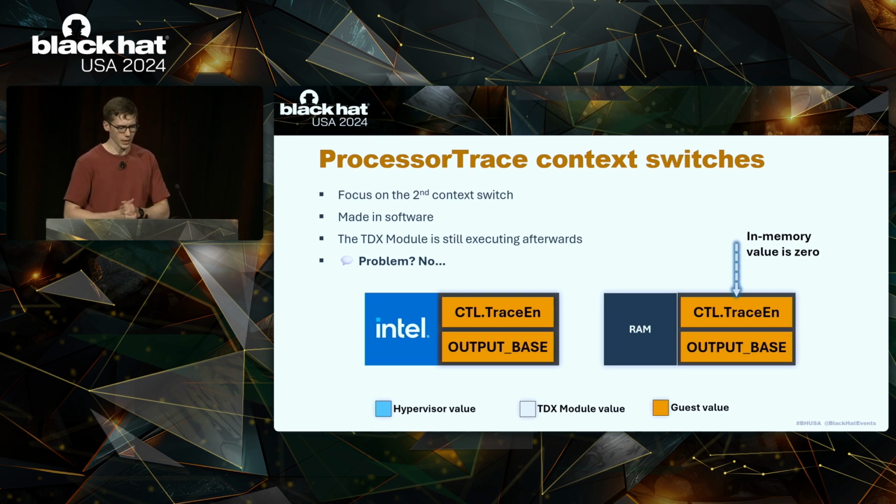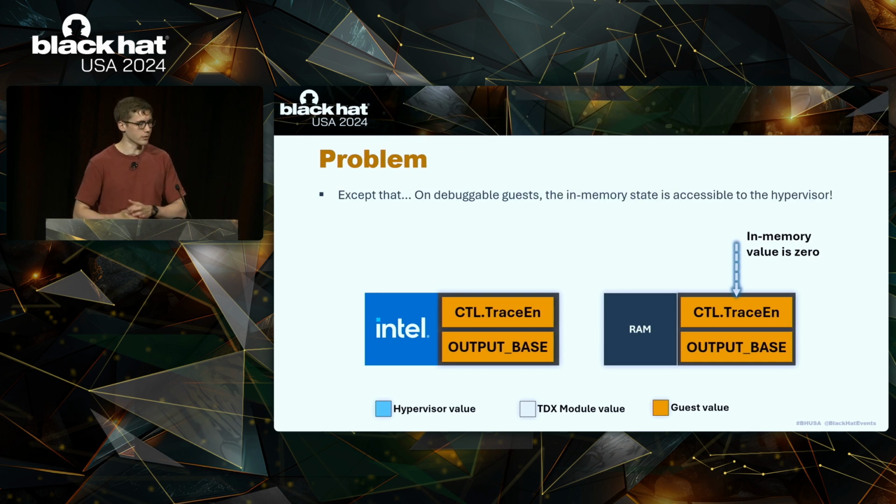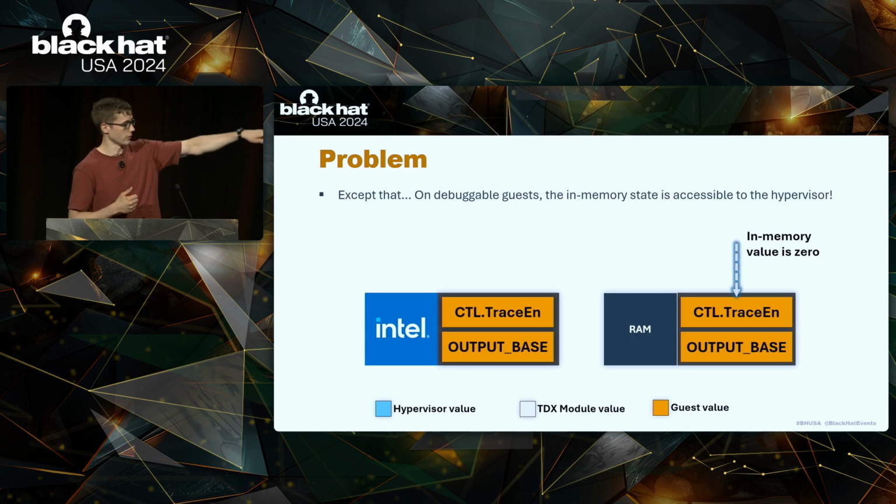So that's an assumption that is correct to make and that we verified and that holds overall, except in one specific case, which is on debuggable guests. So debuggable guests are a specific type of guest, and it's a type of guest for which the in-memory state on the right side is actually accessible to the hypervisor. And the hypervisor can write whatever values it wants into the in-memory state on the right side.